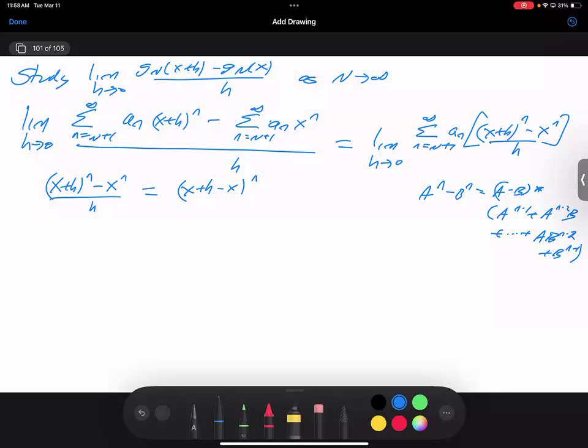So now, this is just x plus h minus x, that's the a minus b. And now we have x plus h to the n minus 1 plus x plus h to the n minus 2 times x plus dot dot dot plus x plus h times x to the n minus 2 plus x to the n minus 1.